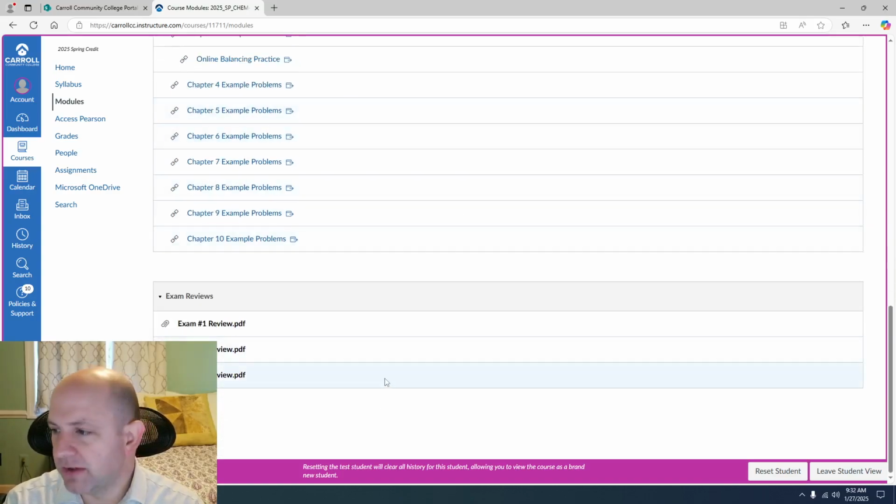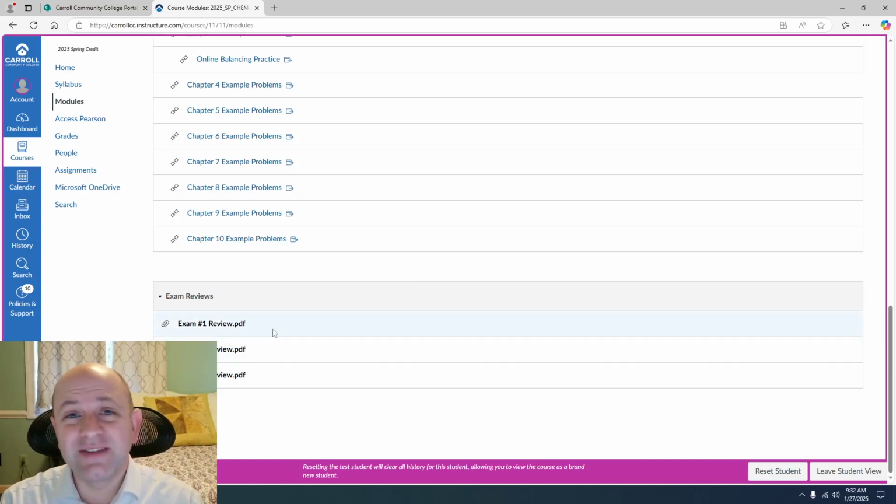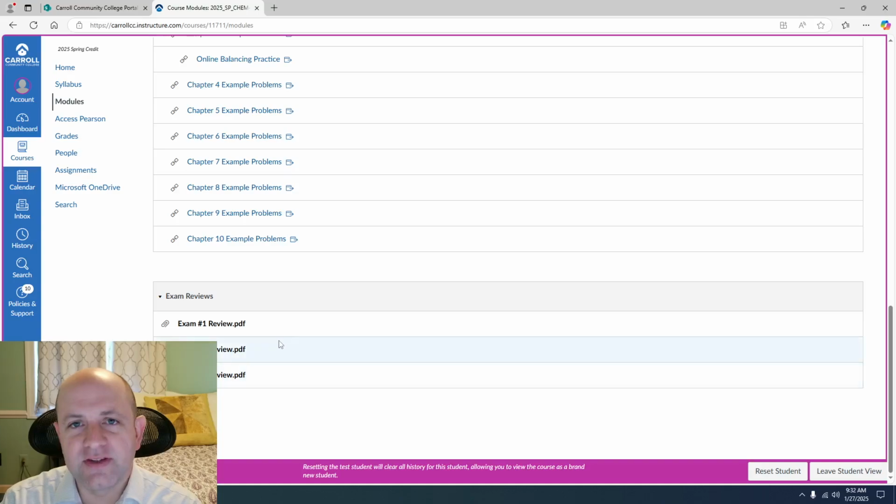And then if we scroll all the way down, a little hard to see there with the face in front, but there's exam reviews. So if you want to look ahead and say, what's on the first test? What does the exam look like? Can I practice ahead of time? Yes, you can. All the exam reviews are right here at the bottom of the page.